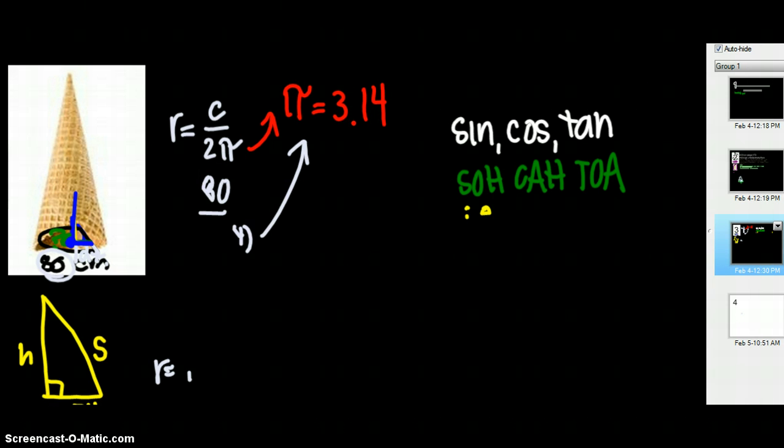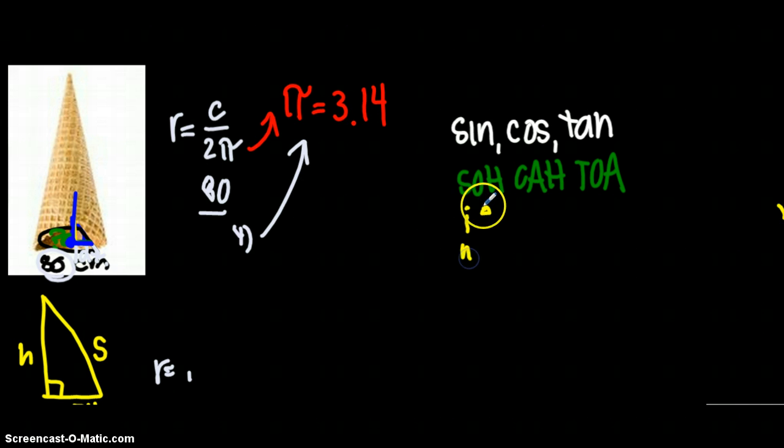Excuse me, the pen was actually on the eraser and it was kind of glitching out. So let's start over. SOHCAHTOA stands for sine, opposite, and hypotenuse.